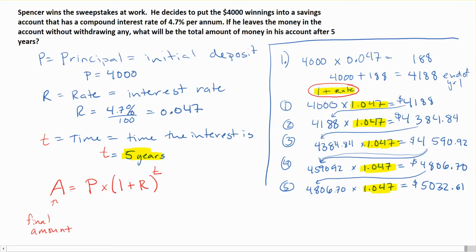So if I want to know how much he'll have after 5 years, I could go through and do that every year 5 times in a row. Or I could get to the solution in one step by saying the principal, so the amount he'll have after 5 years is going to be equal to the principal, which is $4,000, his initial investment, times, bracket, 1 plus the rate, which was 0.047, to the power of 5 for 5 years.